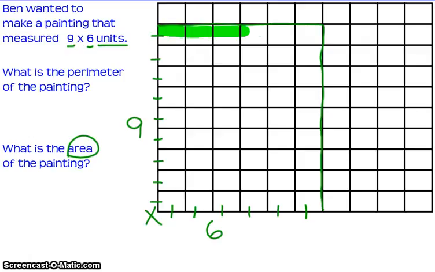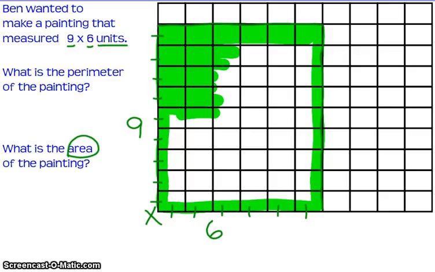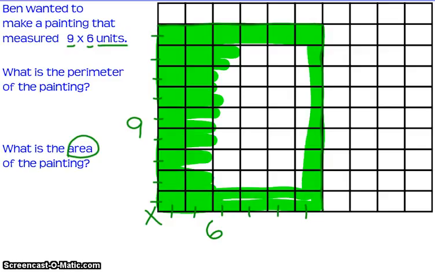All right. Here's what we wind up with. If this was Ben's painting, this is the area of the wall that would be covered by the painting.